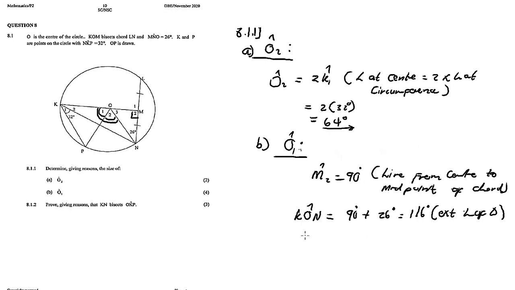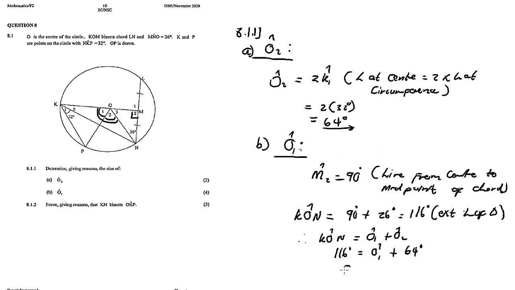So therefore it also means that KON is equal to angle O1 plus angle O2. KON is 116 degrees, equal to O1 plus O2, and O2 is 64 degrees.